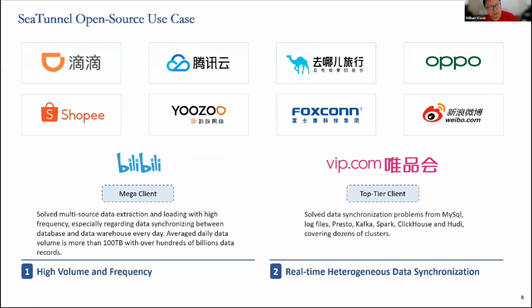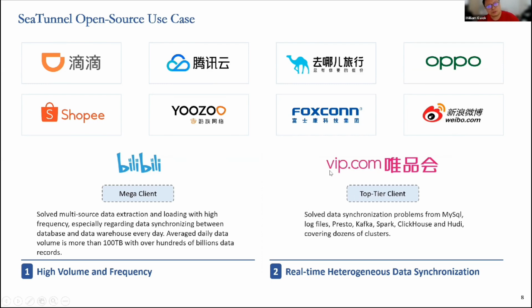SeaTunnel can generate the ClickHouse files directly, and then copy them to the ClickHouse system, solving the problem of inserting data to ClickHouse one by one. It can do a bulk load to your ClickHouse system. So Bilibili is one kind of user, and SeaTunnel can also bulk load data to other systems like HBase or other data systems.